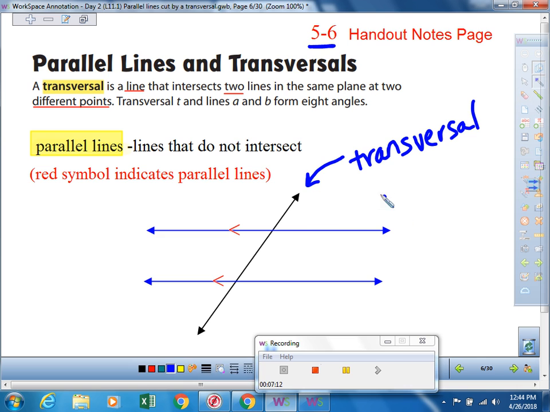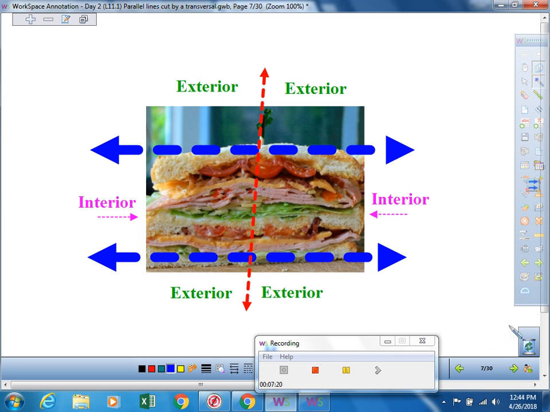All right. So we're going to look at angles formed by parallel lines cut by the transversal. Now, the parallel lines, we equate it to a sandwich. The parallel lines are the bread. The transversal is like a toothpick going through the sandwich.